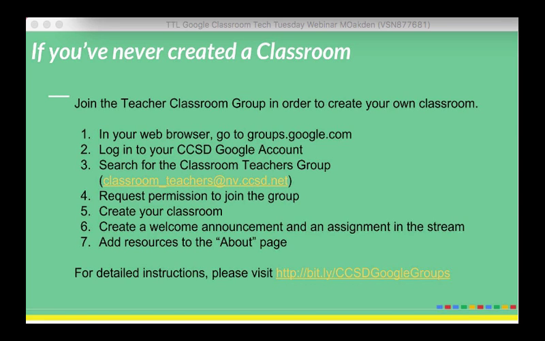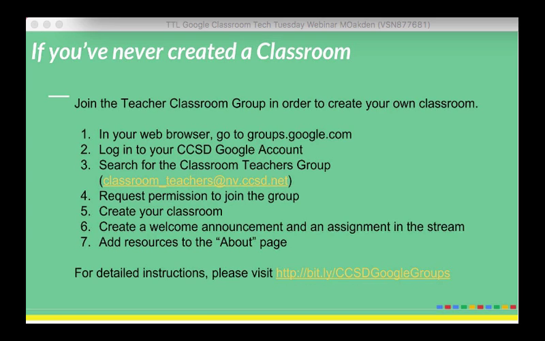In Google Classroom, when you joined our class, you hit that plus sign and you have your join code where you can join other people's classes. If you don't see a create button, that means that you're not part of the CCSD Classroom Teachers group. You need to be in that group in order to be able to create your own classes.